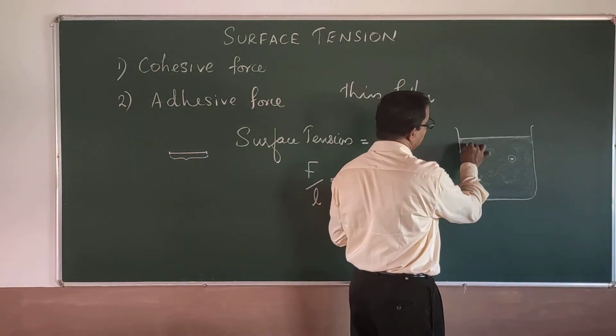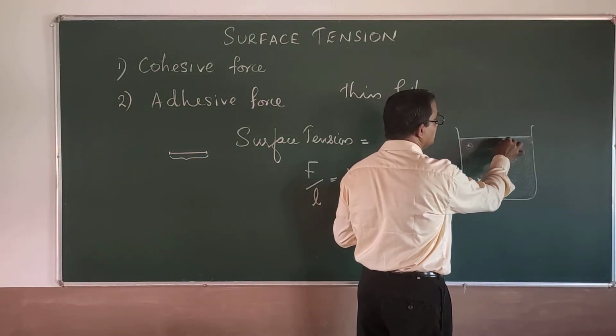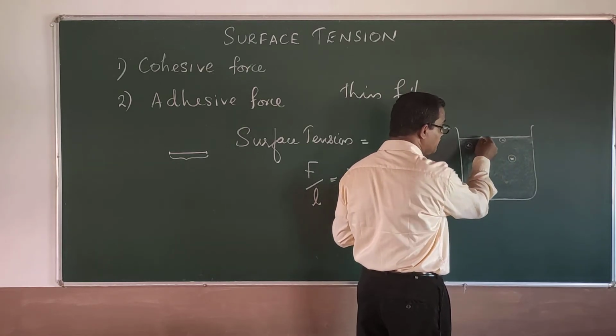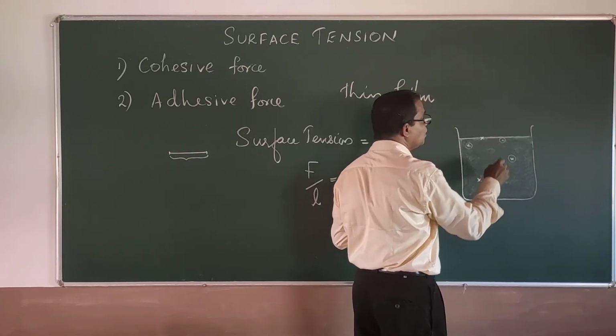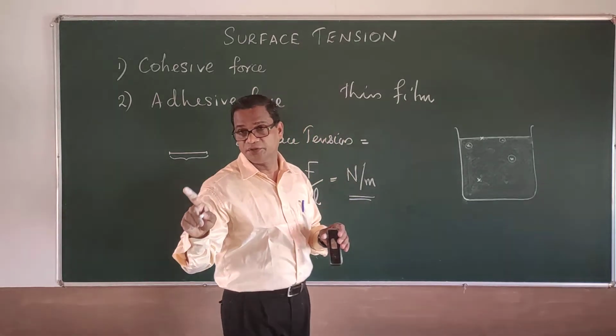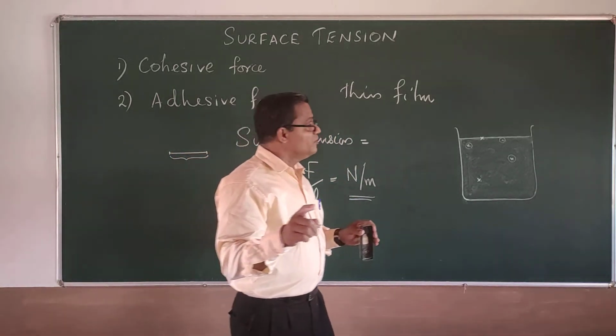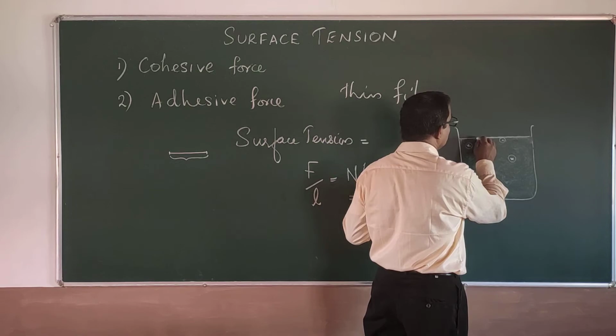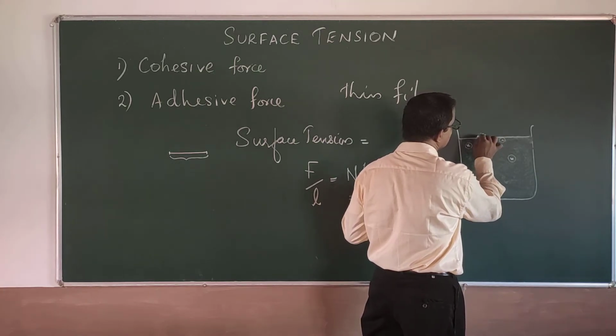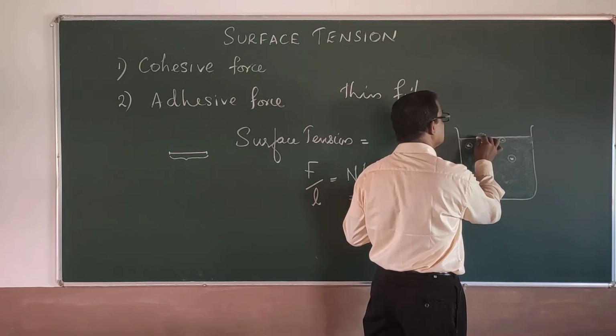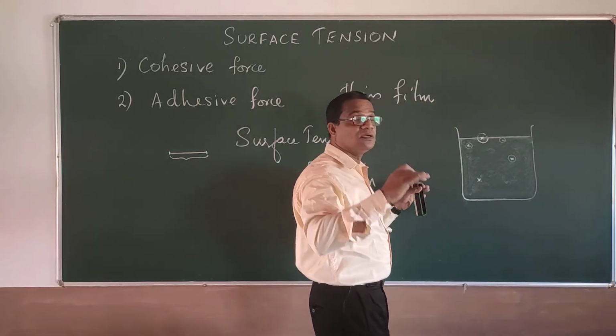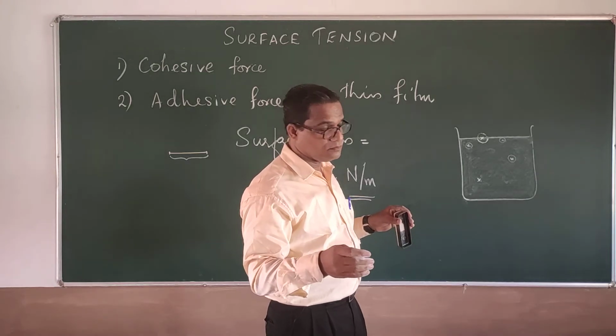Like that, when we consider a molecule on the free surface of the liquid, then the sphere of influence comes like this. See this? A hemispherical part in the liquid and the other hemispherical part in the air.